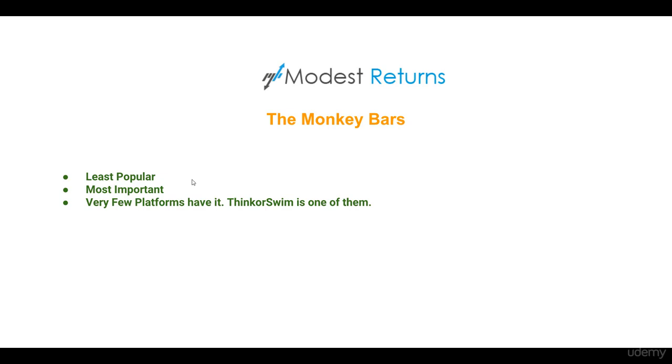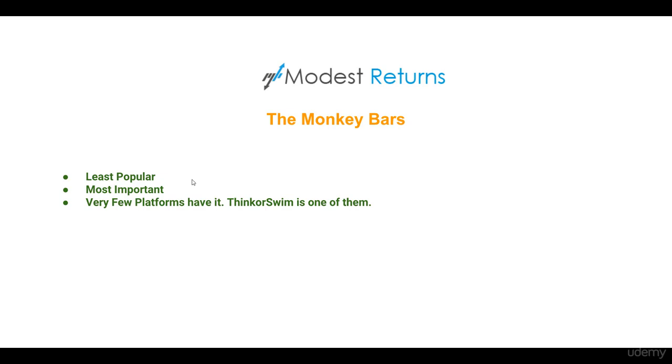Another thing about monkey bars is that I was actually at a TD Ameritrade Market Drive event a couple of months back, and even the employees of the company had very little idea of what market profile is or its significance. Think about it.